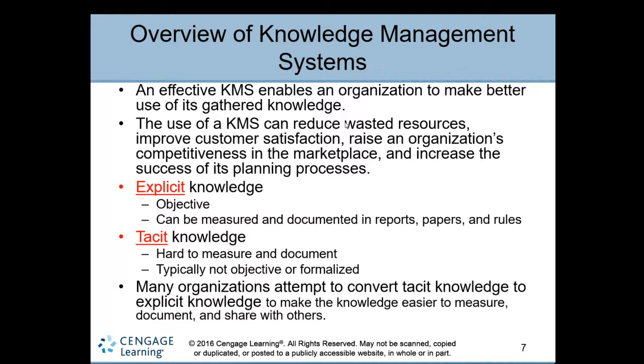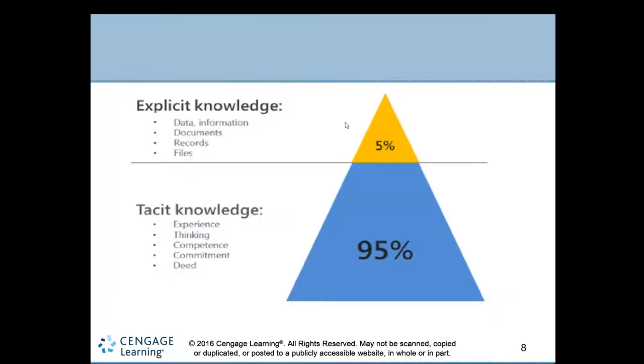It is based on relations and on information availability. Mostly everything depends on information. Explicit knowledge is nothing but your data, information, documents, records, files. Tacit knowledge is heavily loaded with experience, thinking, competency, commitment. 95% of business works on tacit knowledge only.